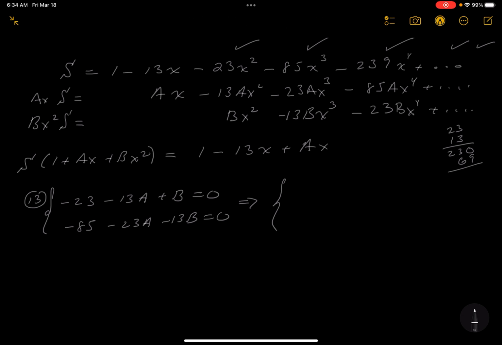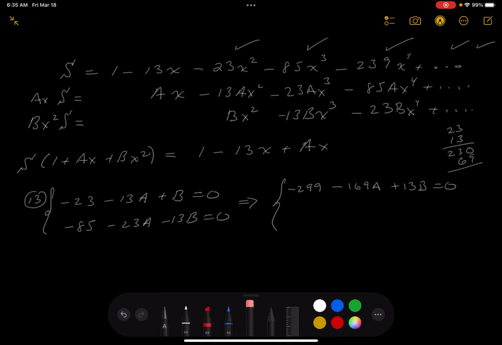So that would be 299. And then you're going to get what? Minus 169a plus 13b equals 0. Let me get my eraser out. I'm going to erase this business over here.